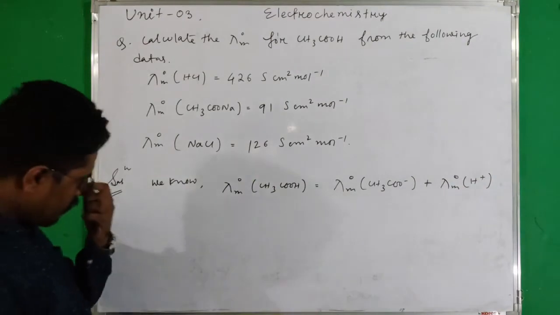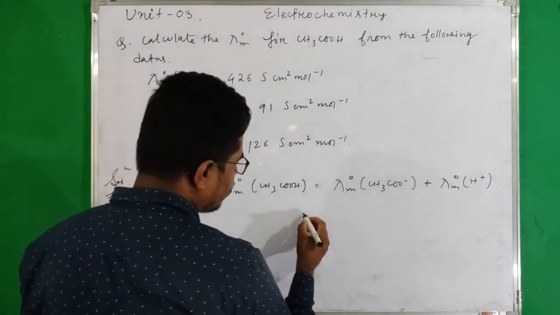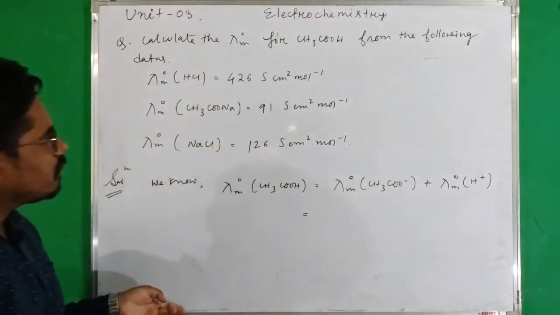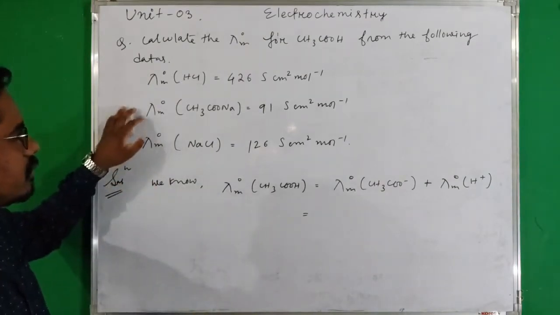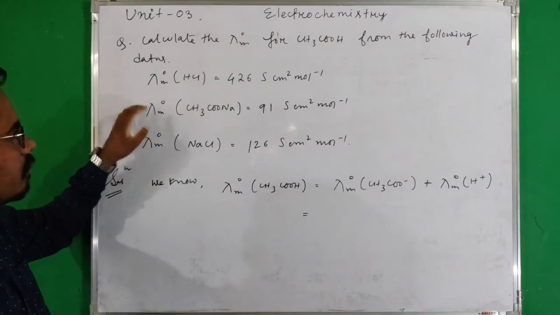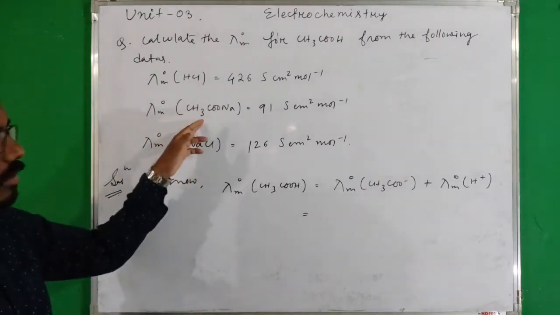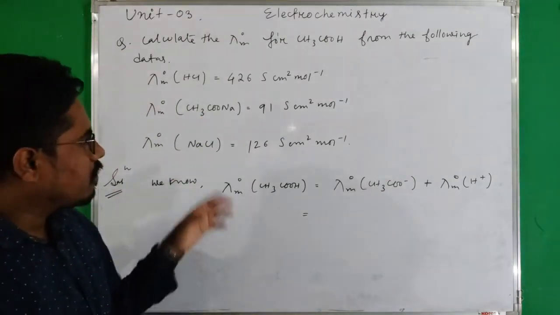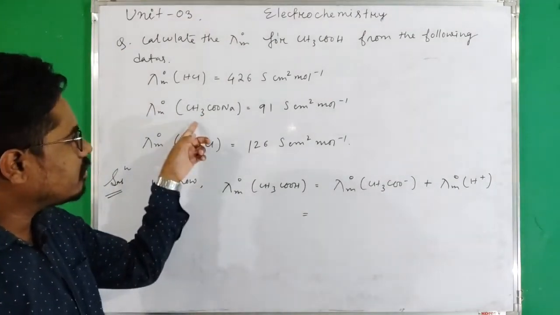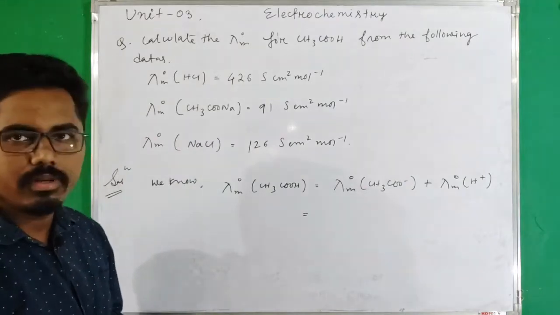Now from the given data we will find where the acetate ion is present. In the second data, that is lambda m naught for sodium acetate, the acetate ion is present. That means when the sodium acetate dissociates, acetate ion and Na positive ion will form.